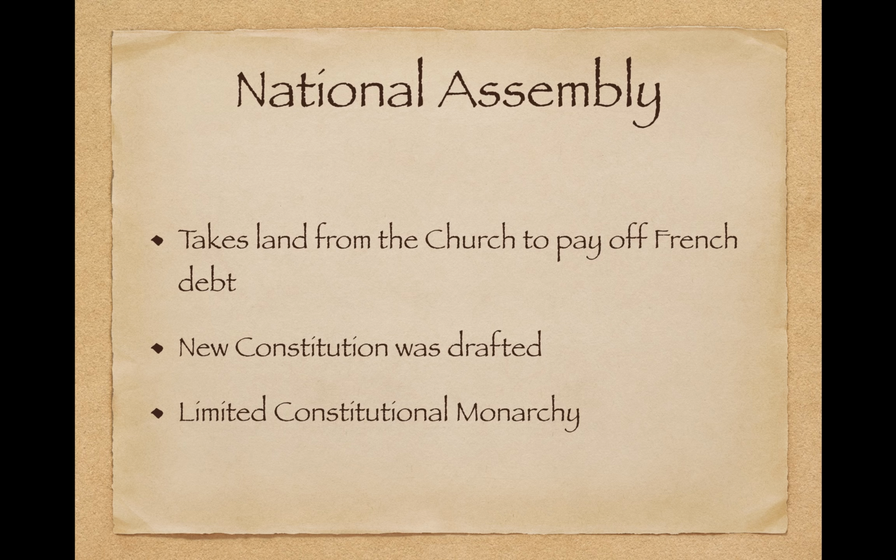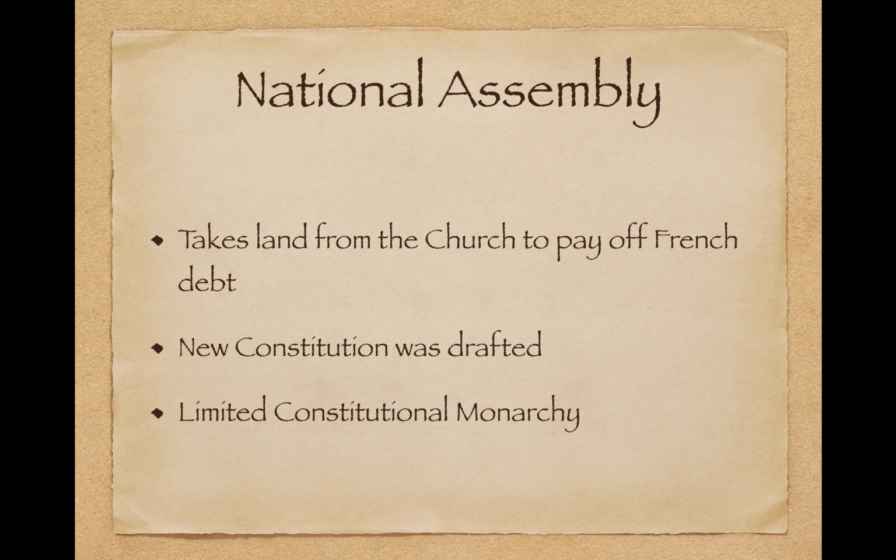The National Assembly also drafts a new constitution that Louis XVI is forced to sign. And this is really important because this is a transition from an absolute monarch to a limited constitutional monarchy, which means Louis is now responsible for following rules and laws just like all other French citizens.